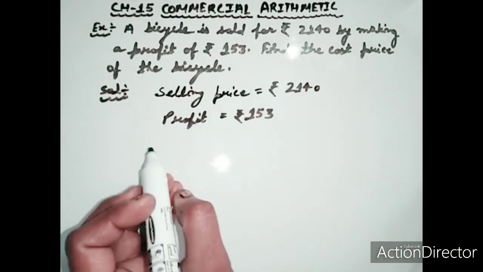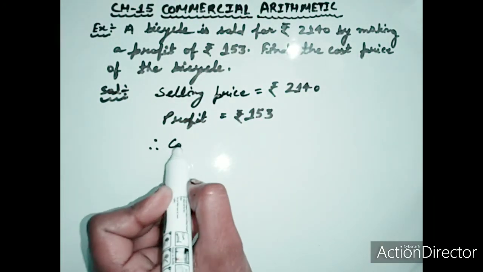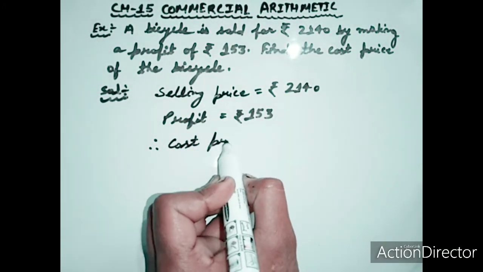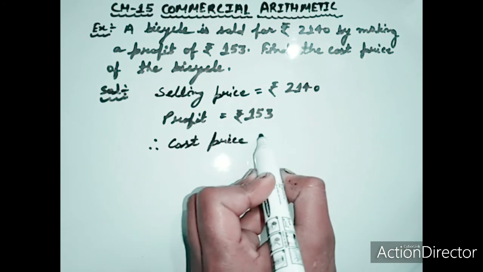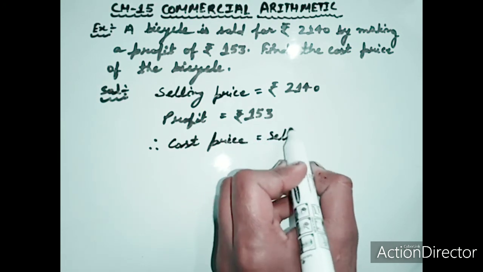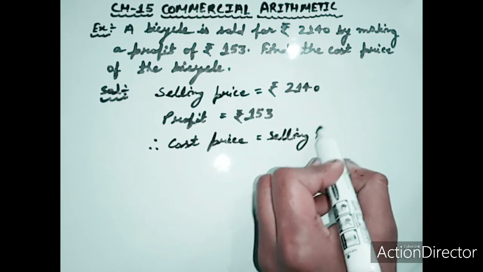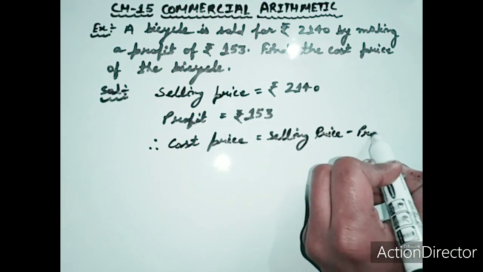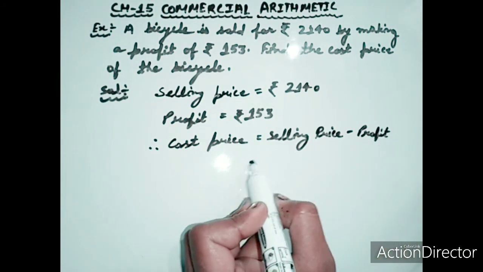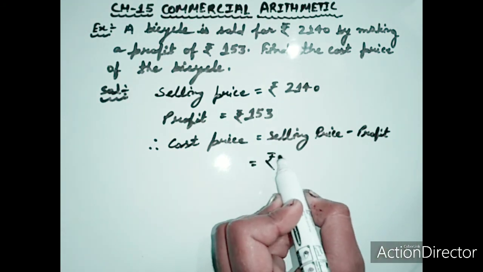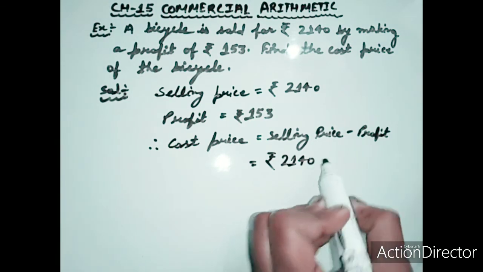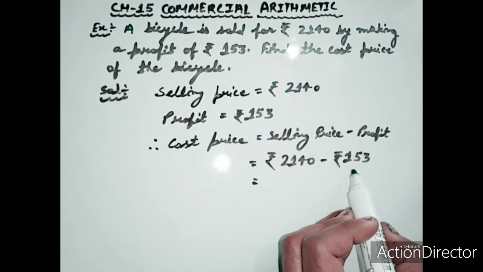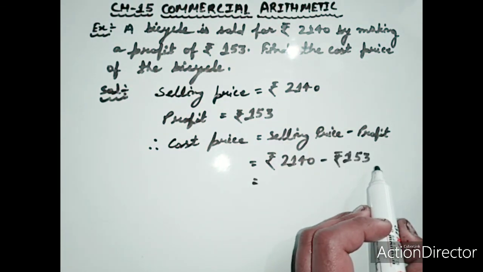So now we find cost price. So the formula of cost price equal to selling price minus profit. So here rupees 2140 minus rupees 153.